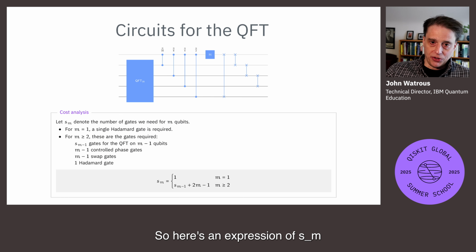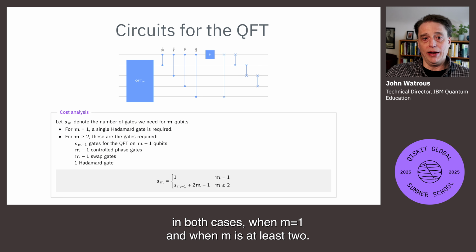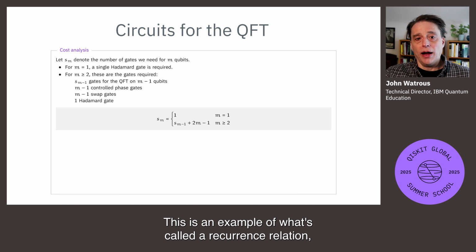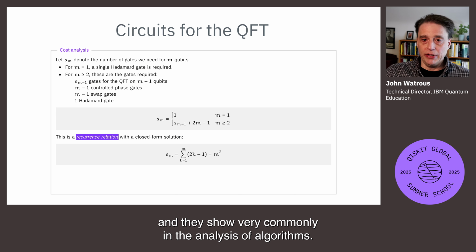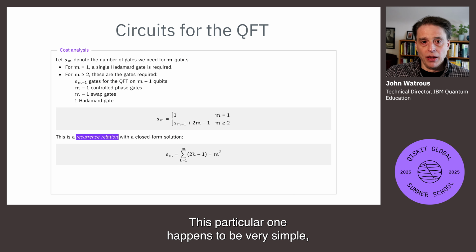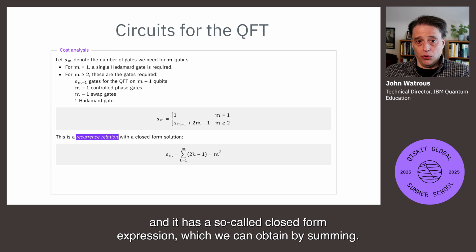So here's an expression of S_m in both cases when m is equal to 1 and when m is at least 2. This is an example of what's called a recurrence relation, and they show up very commonly in the analysis of algorithms. This particular one happens to be very simple, and it has a so-called closed form expression, which we can obtain by summing.